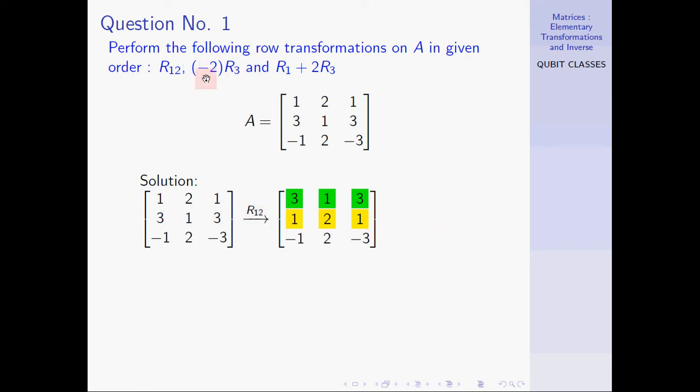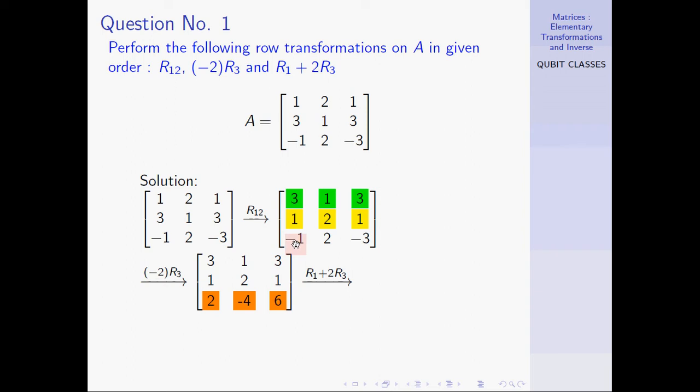Now the next operation is -2 into R3. Note that we are performing this -2 into R3 on this new matrix. So -2 into R3 means multiplying each and every element of R3 by -2.